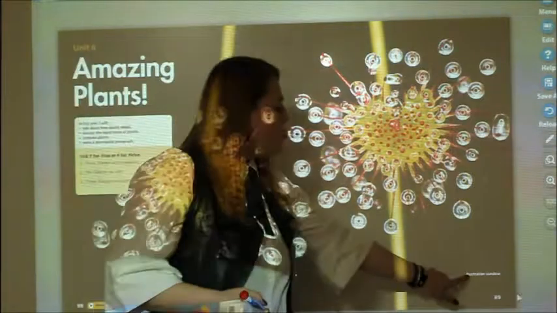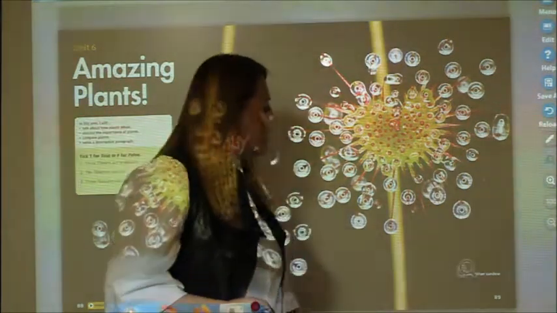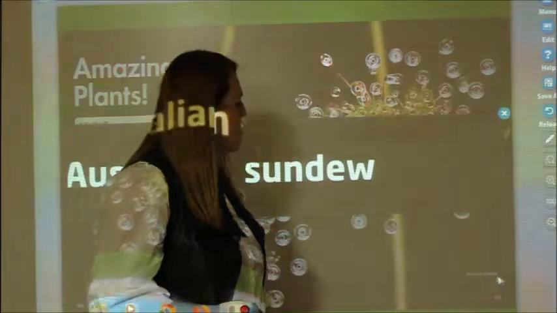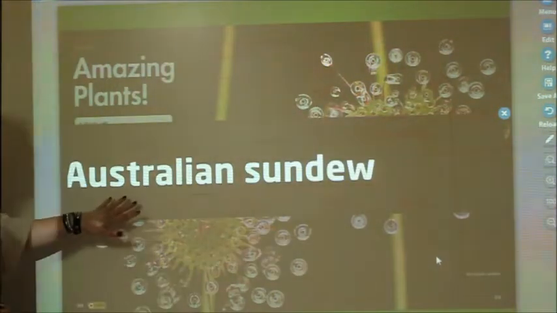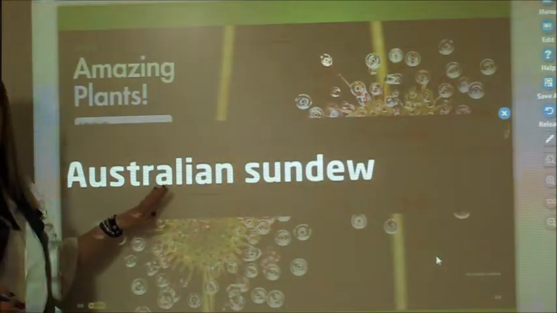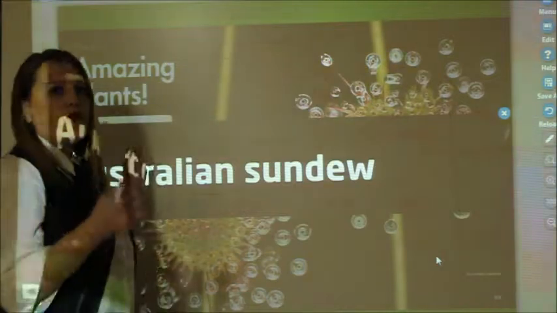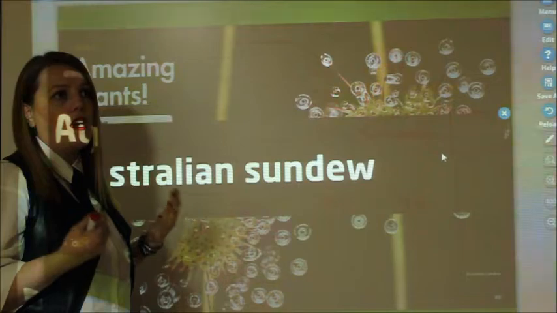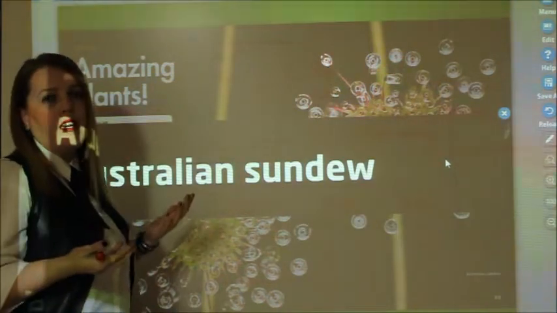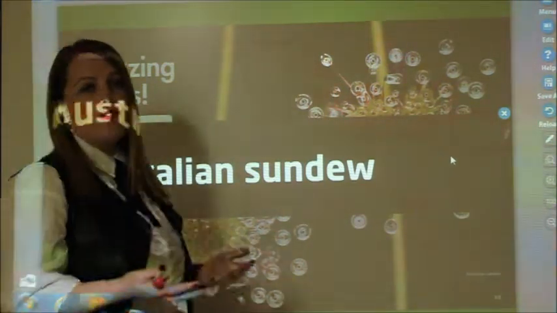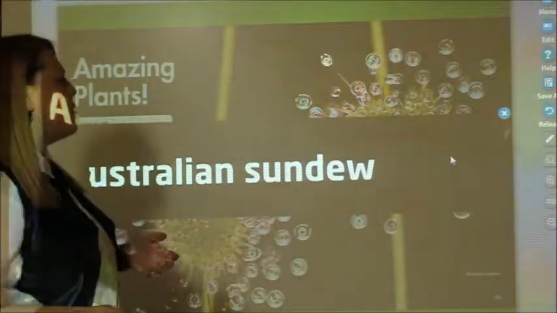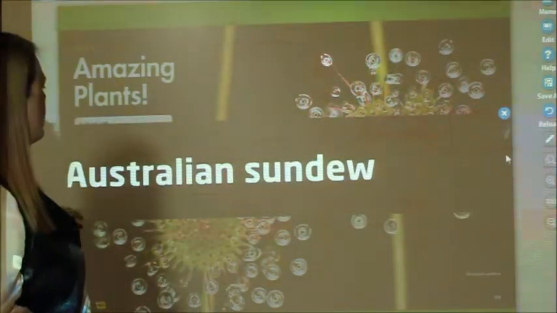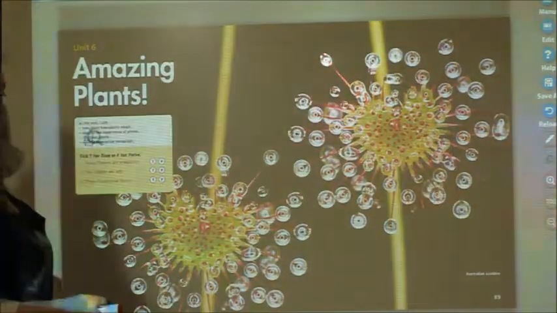And when we zoom in here, we will see, yes, it is Australian sundew. It's a plant that belongs to Australia. Australia is a continent and country that has so many different species, kinds of animals and plants. So let's go back to the true or false part.